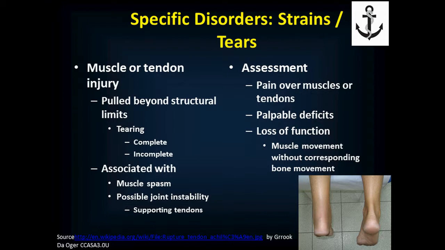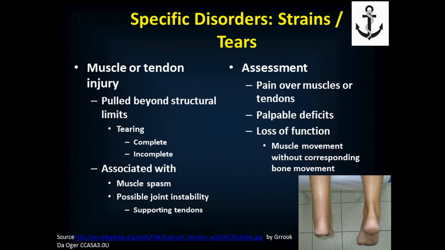So if somebody tears their biceps muscle off of its origin, up by the shoulder, you may actually see the biceps muscle bunching in the middle of the humerus, and be able to feel basically a divot in the upper arm, in the origin of the biceps.